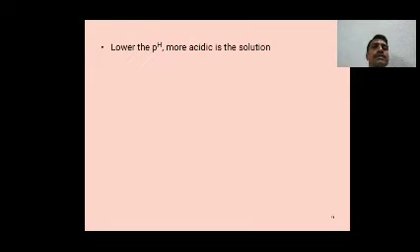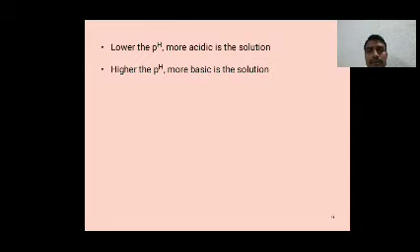The lower the pH, the more acidic is the solution. A lower pH value, from 0 to 7, such as 0.1, 0.2, 1, means a more acidic nature of the solution. The higher the pH, the more basic is the solution, from above 7 to 14.